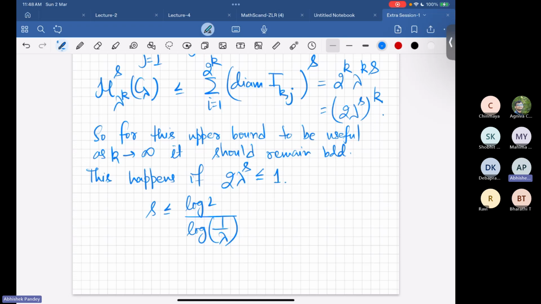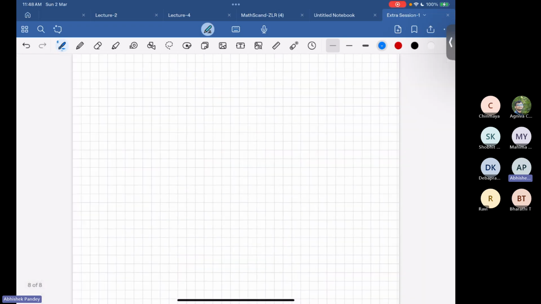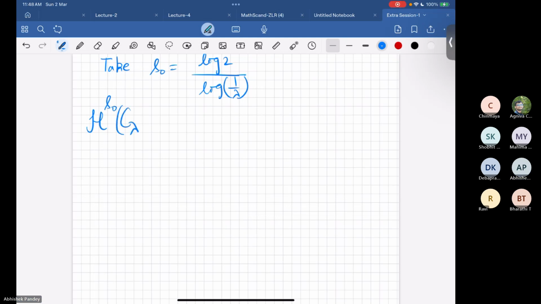Okay, so now let us take s naught to be log 2 by log 1 upon lambda. Okay, so for this s naught, what would be the Hausdorff measure of this one?